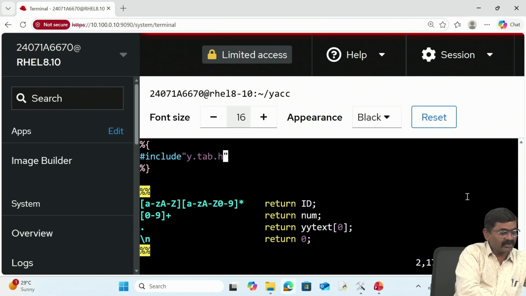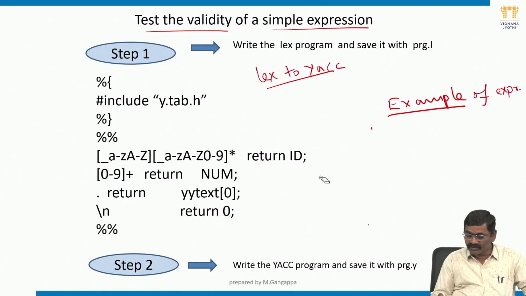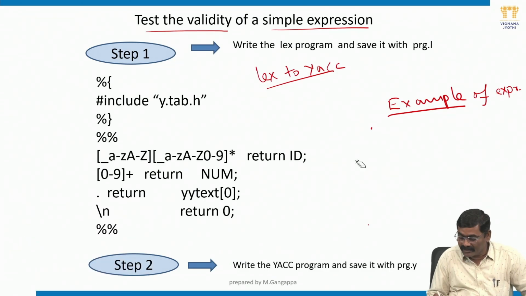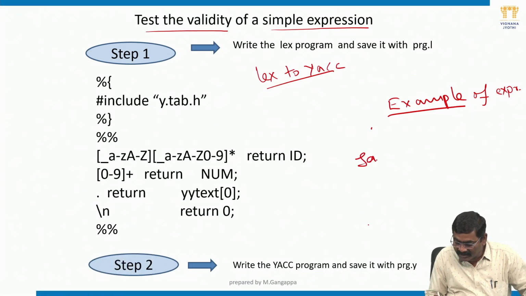After writing this program, how to save it? To save this program and quit, we use the save and exit command. After writing the program, we should save it and exit from it.